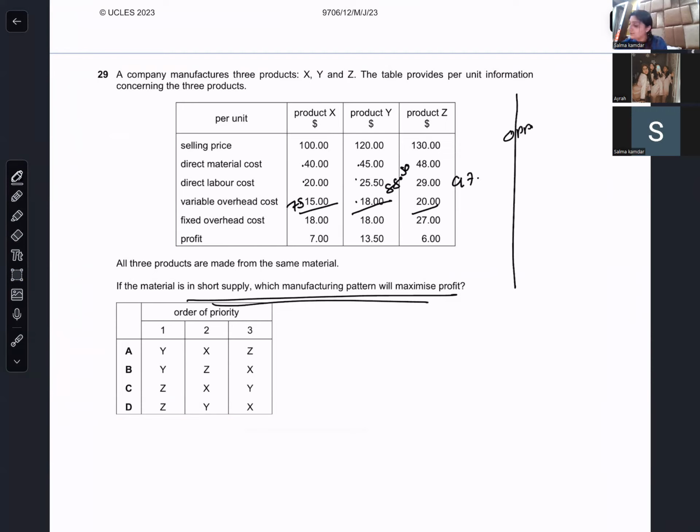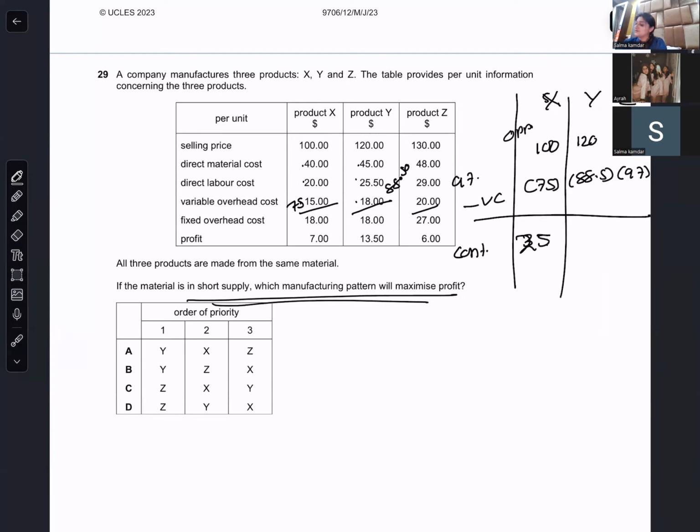First I'll find the contribution: sales minus variable cost. Sales are 100, 120, 130 for X, Y, Z. The contributions are 25, 31.5, and 33. Now, limiting factor.